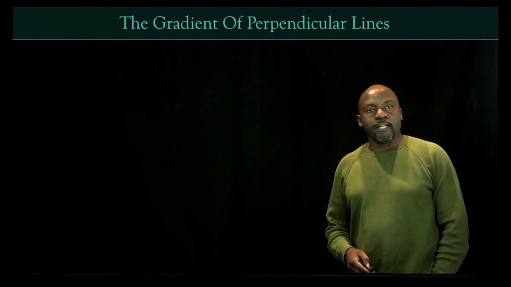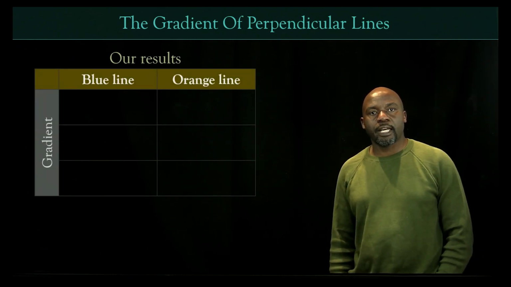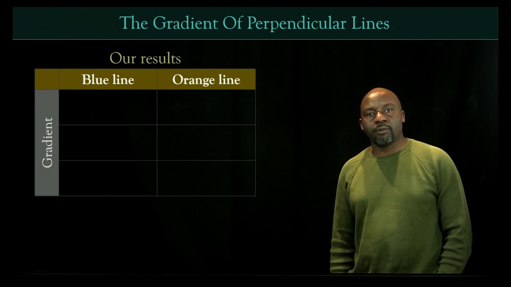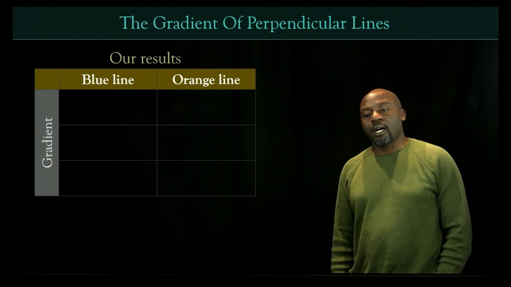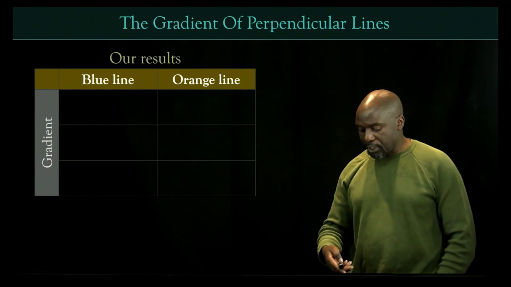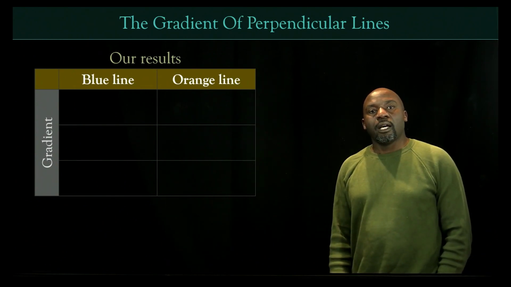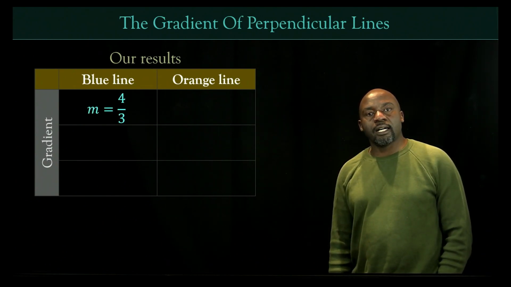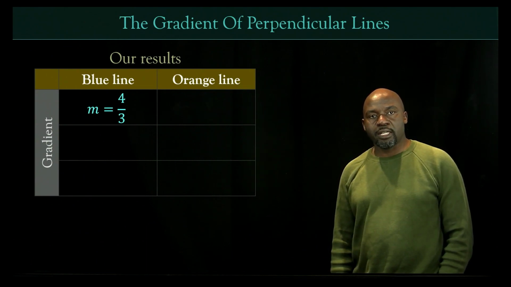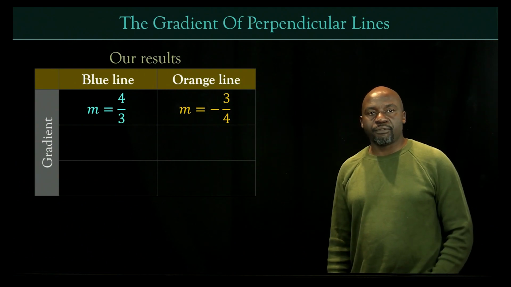If you've done this correctly, then these are the results that I find. I put the results in a table. Let's hope that you got the same. Hopefully you've also kept the gradients of the two lines that we started with using GeoGebra earlier. So what values do we get? When the blue line has a gradient of 4/3, my orange line gives me a gradient of -3/4.